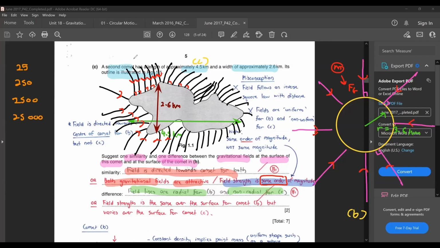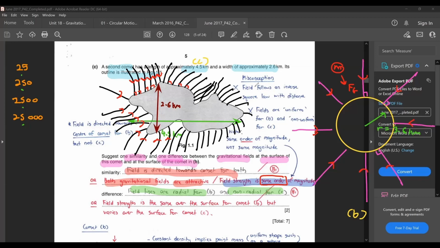Now, if you look at these values here, and I ask you to compare them, 25 is obviously not comparable to 250. 250 is obviously not comparable to 2,500. 2,500 is obviously not comparable to 25,000, right? I mean, in your mind, in terms of how large they are, they're not even the same. It can't be compared. All right, that is what order of magnitude actually is.